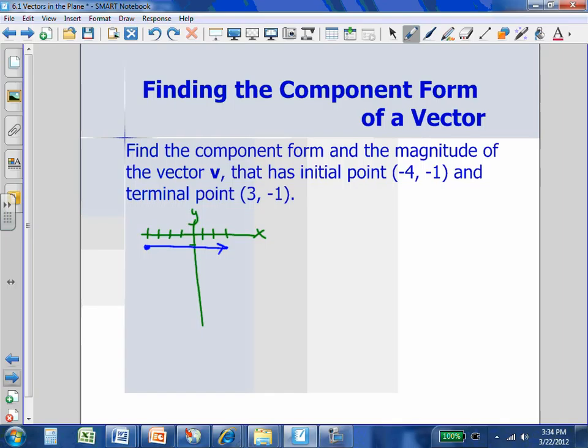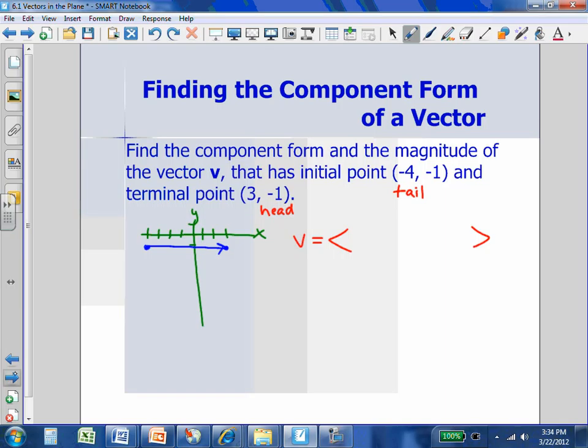So find the component form and the magnitude of the vector. If we're going to do the component form, sometimes we call this process head to tail, where the initial point is the tail, and the terminal point is the head. So we're going to take the head minus the tail. All right, so our vector, let's call this v, is going to be the vector.